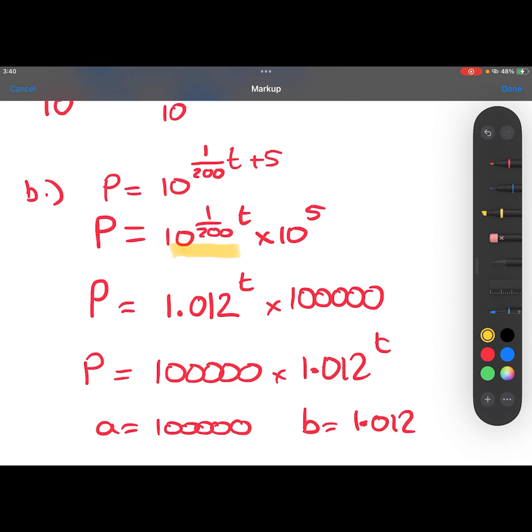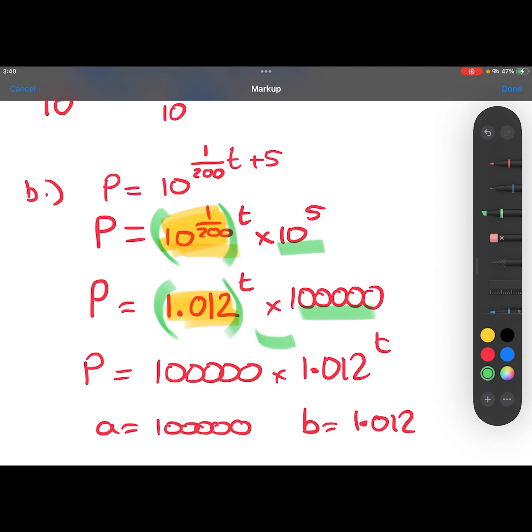Now, the 10 to the power 1 over 200, if I put that in my calculator, I get 1.012. And all of that is to the power t. The 10 to the power 5, put that in my calculator, or just common sense, we get 100,000.